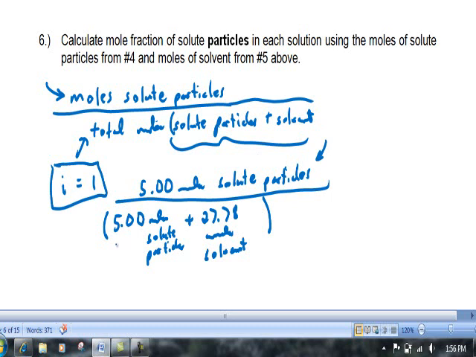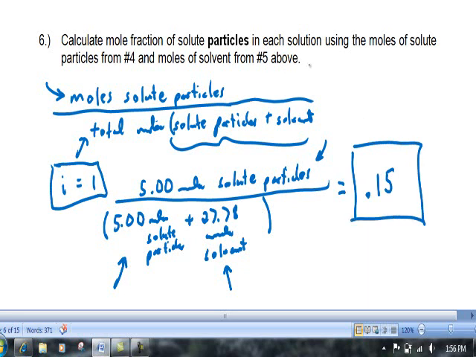And then the total moles in the denominator, we have to combine the 5 moles of solute particles plus the 27.78 moles of solvent. Dividing this out gives us our mole fraction, or the fraction out of the total moles of particles that's just the solute particles. We find that for this example, the mole fraction of solute particles would be 0.15.